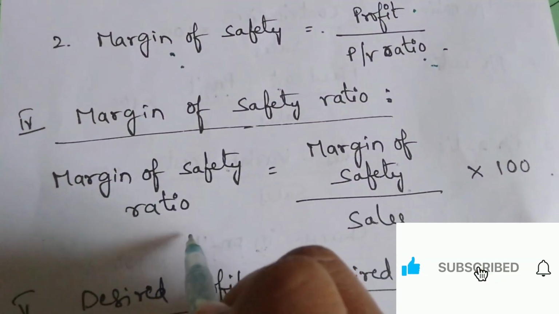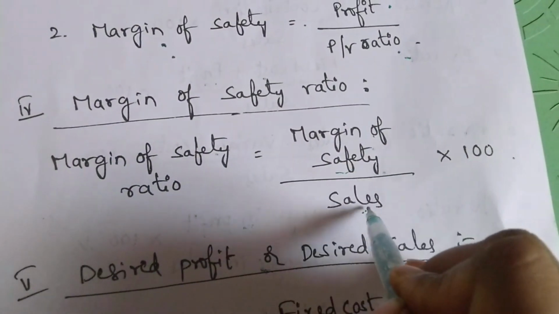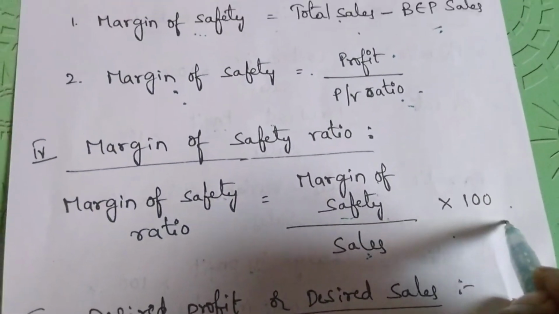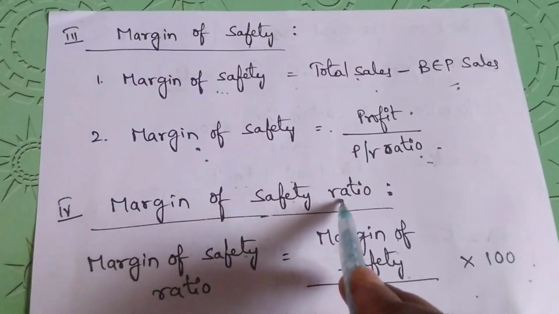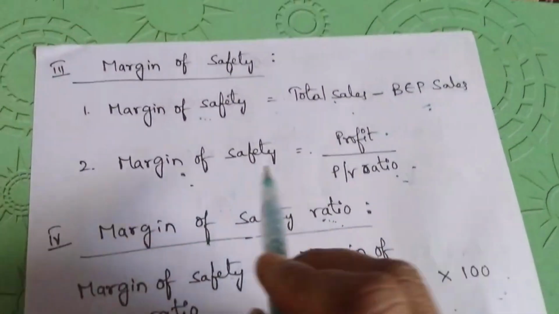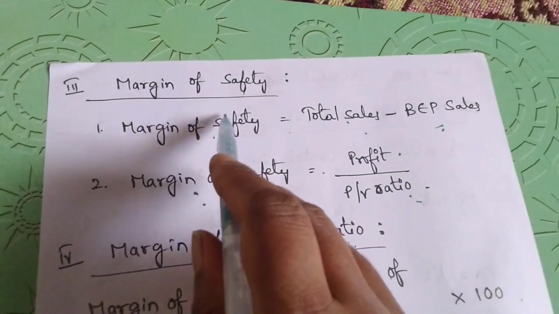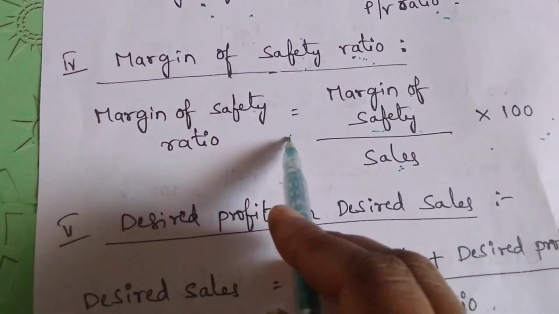For margin of safety ratio we have only one formula, that is margin of safety divided by sales into 100. So margin of safety is different and margin of safety ratio is different. Here we are finding out margin of safety ratio and here we are finding out margin of safety value.